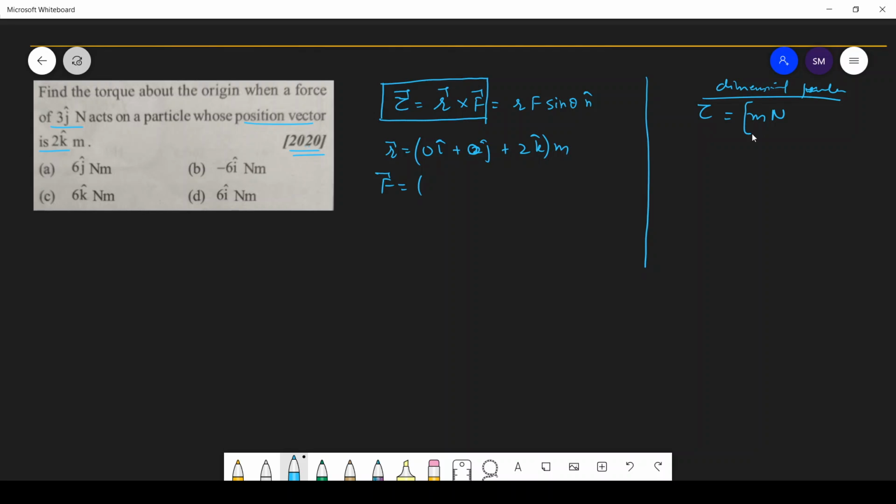So what are the units of torque? It's a rotational force. Torque is the force responsible for the rotation of the body, right? This much is force acting at this point on the particle which is at this position.